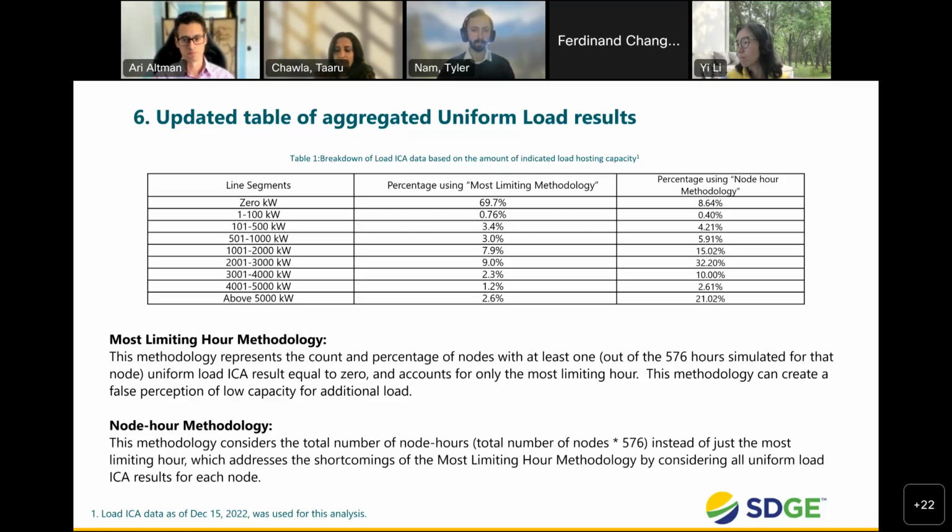It looks like if you're doing an hourly node hour result and you're showing 8.64% with 0 kilowatt hours, if that's 8.64% of 24 hours and you distributed that evenly, that would be about 1 hour out of every day on every circuit.